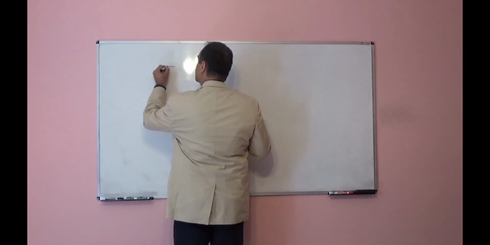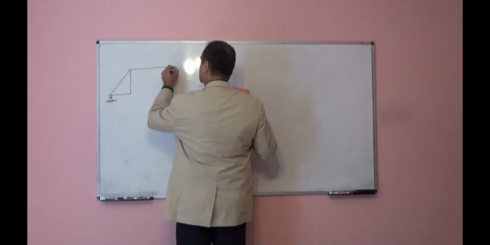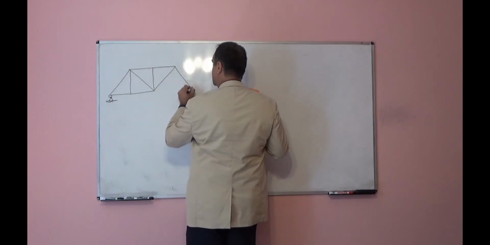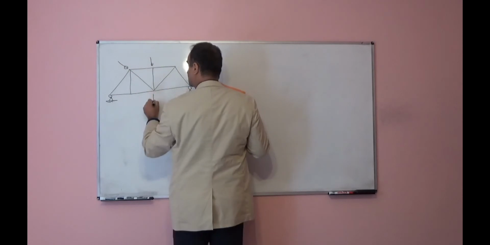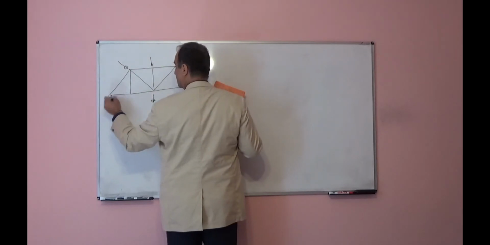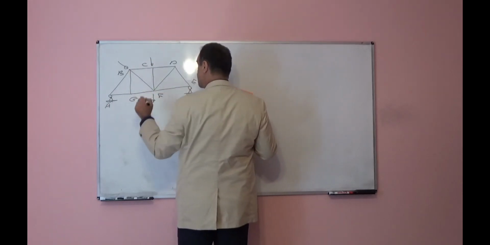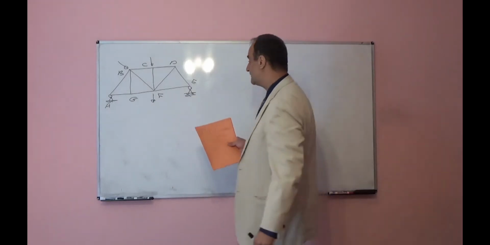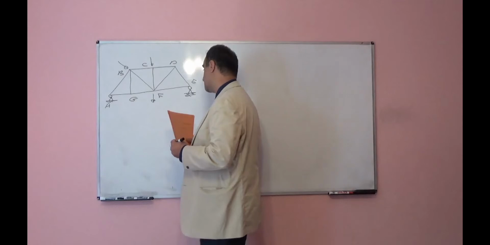If we have one truss, for example, subjected to different external loads, for example, points A, B, C, D, E, F, G. For example, I want to find deflection at point F, or deformation in the vertical direction at point F, using the virtual work method.